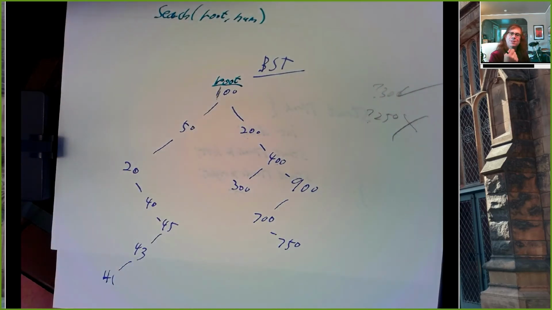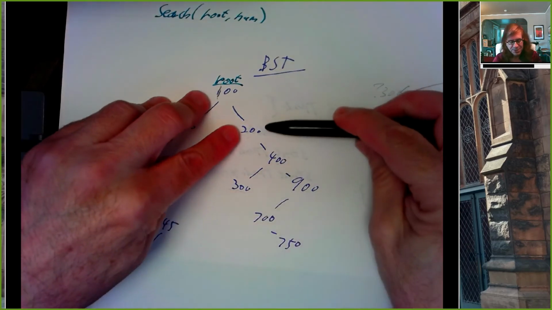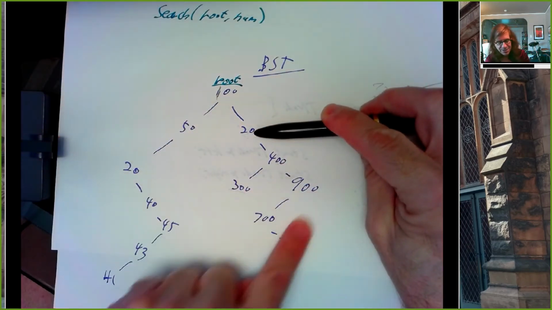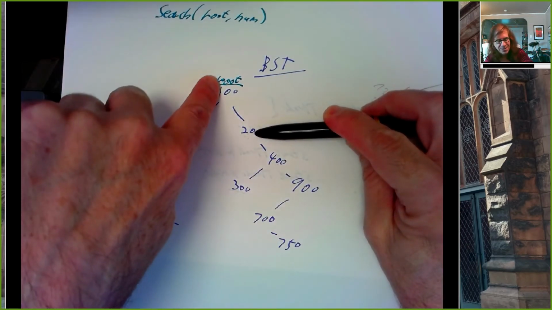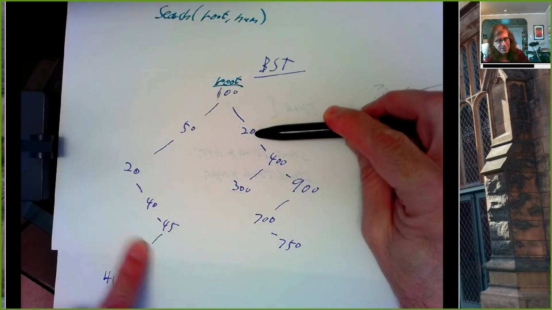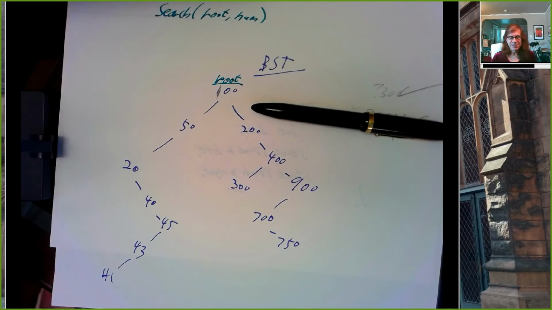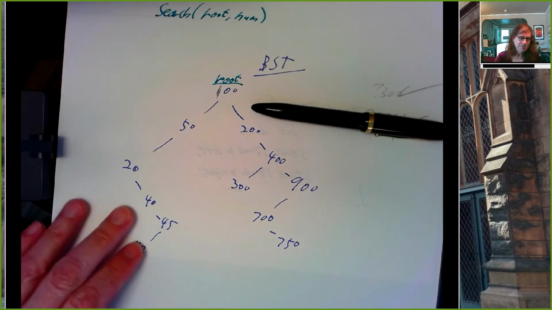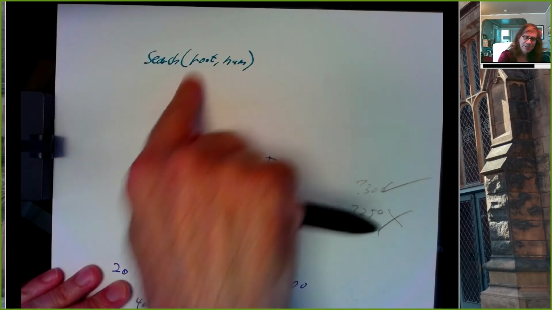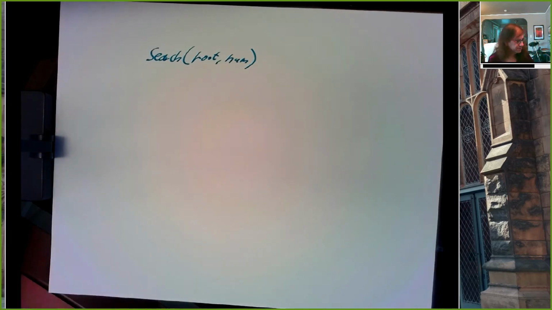And that's the only thing from which that is true. If I start with a pointer to this 200, I can get to all of these nodes, but there's no way I can get back to the 100 or to anything over here. So the root really is the thing that gives you access to the entire tree. So that's typically what we're going to pass to our functions, a pointer to the root.